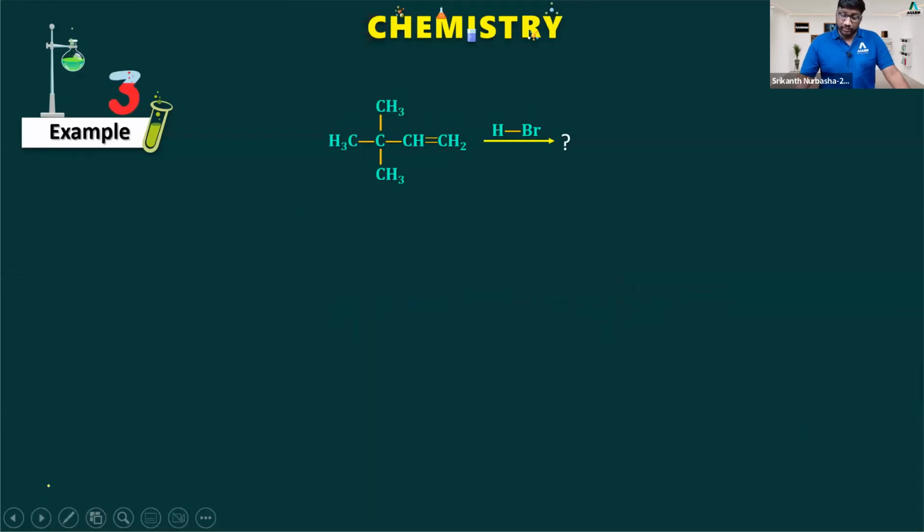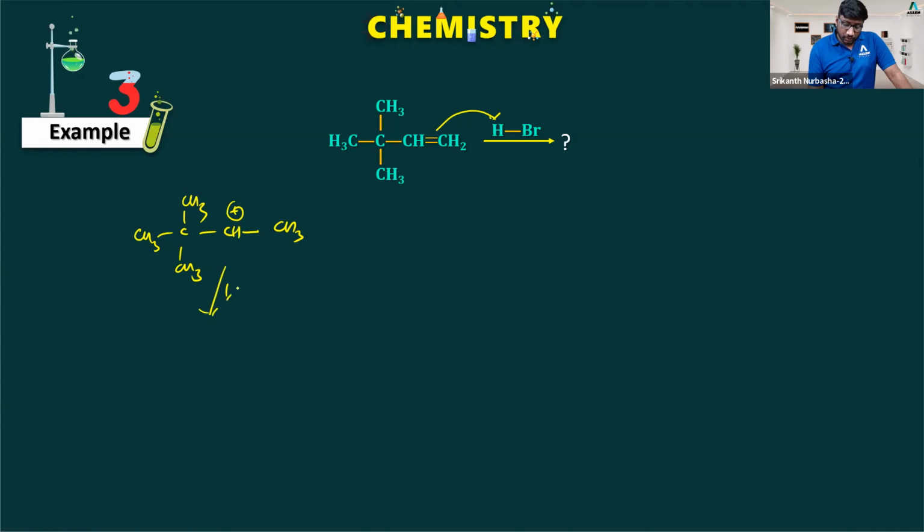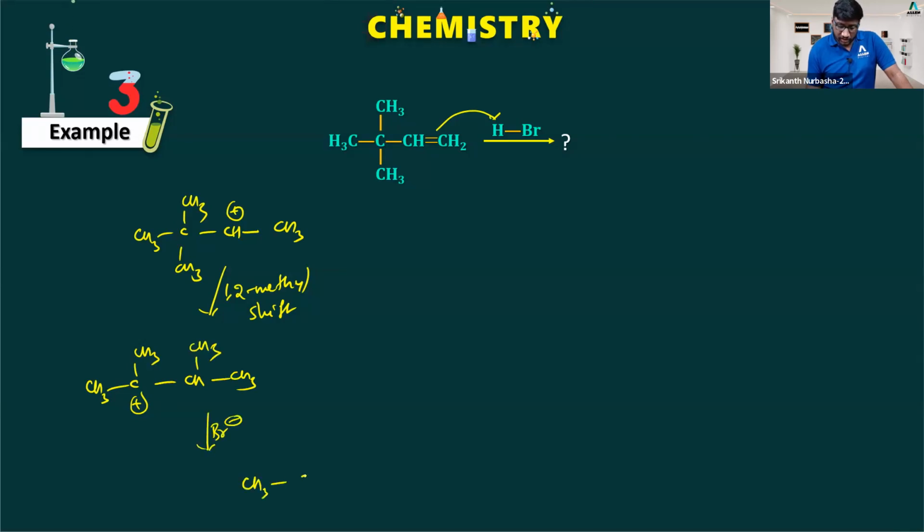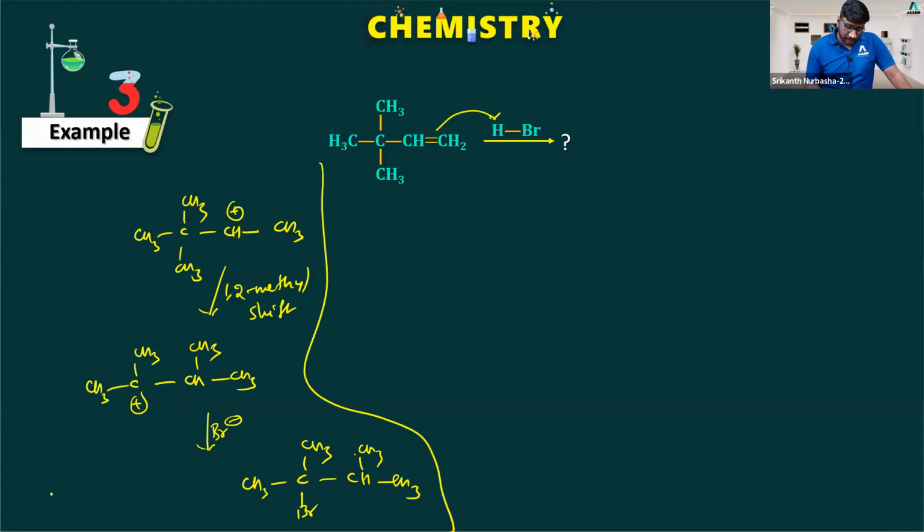Here the pi electron attacks to generate CH3, CH, C plus, CH3, CH3. Methyl shift, 1,2 methyl shift gives CH3, C plus, CH3, CH, CH3, and Br minus attacks. CH3, C, CH3, Br, CH, CH3, CH3. Okay, very simple questions.